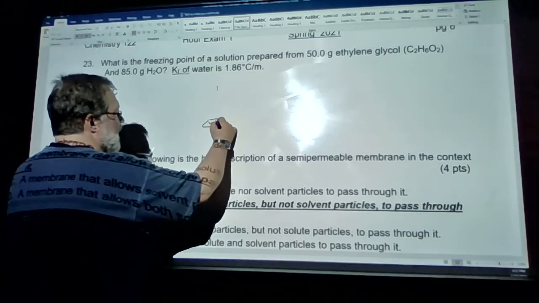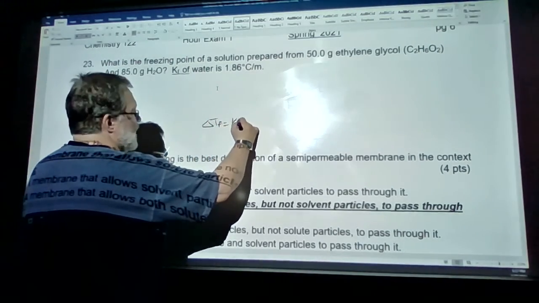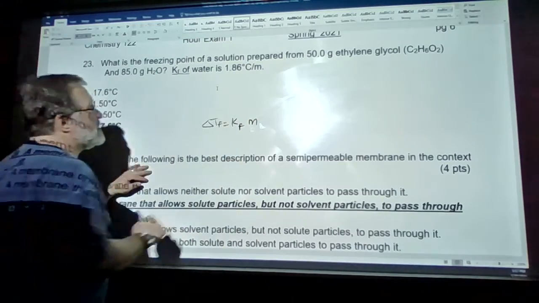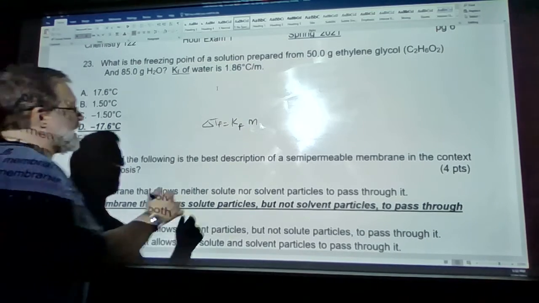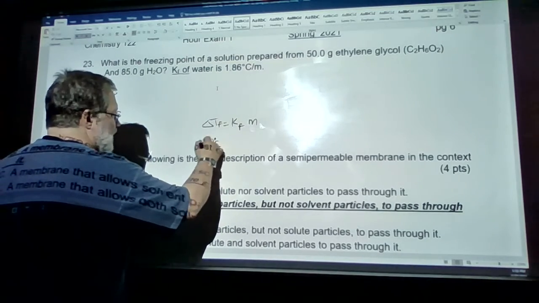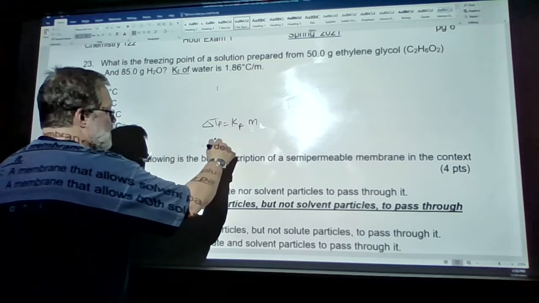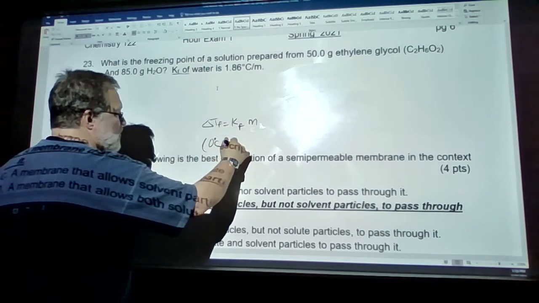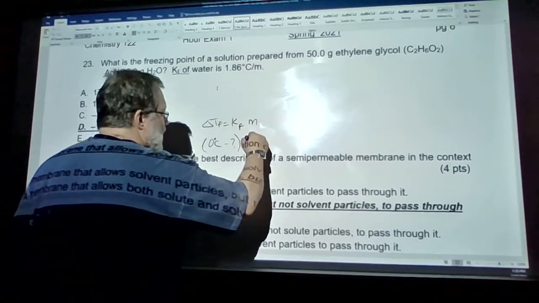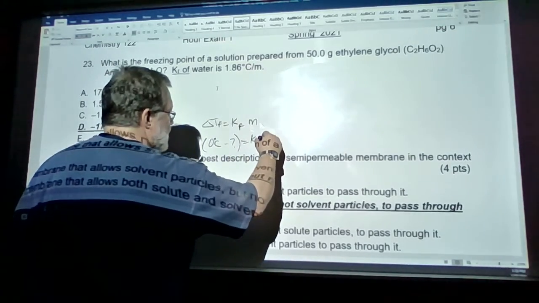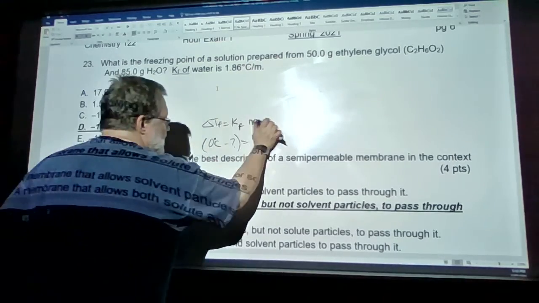So delta Tf is equal to Kf times molality. What is the freezing point of the solution prepared? Well, water freezes at 0 degrees C. So we're looking at the freezing point of the mixture. Kf is 1.86.